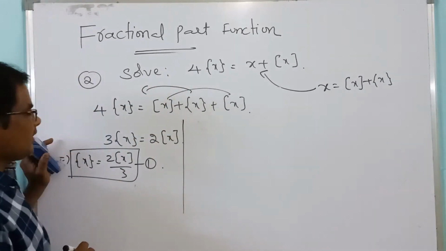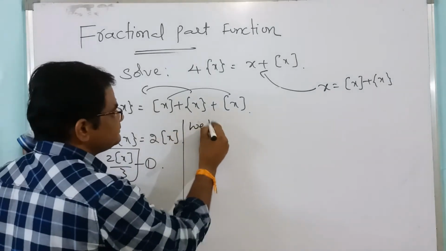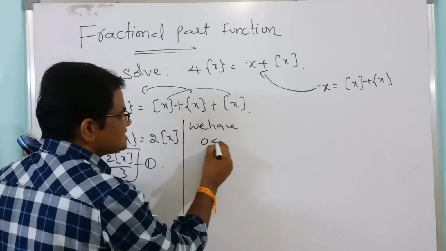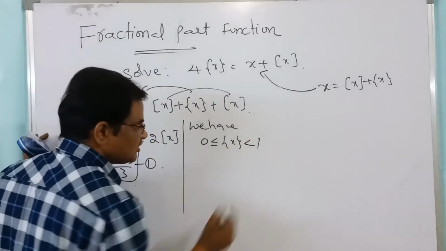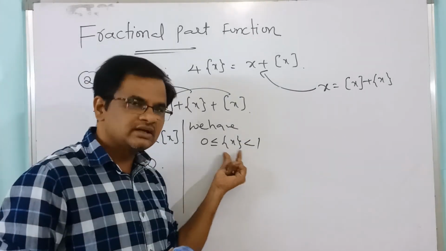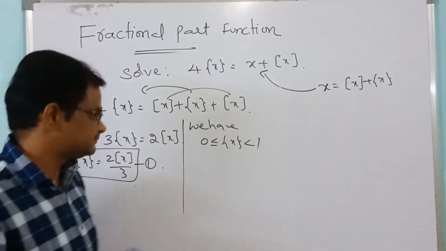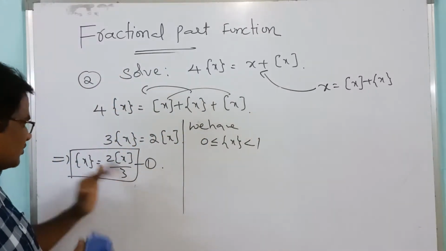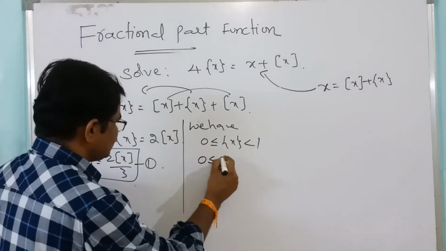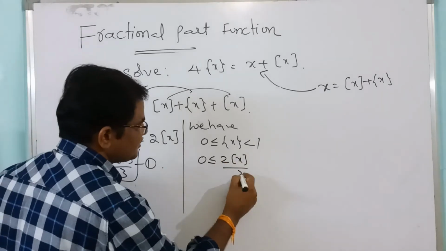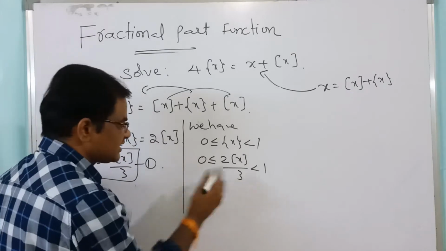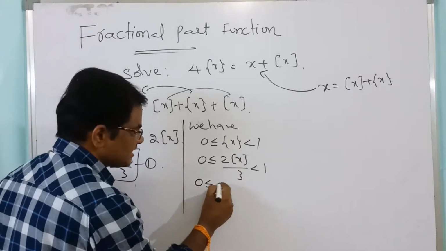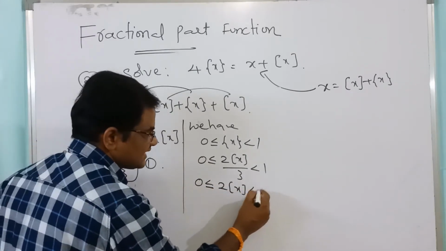Now we know that 0 is less than or equal to the fractional part of x, which is less than 1, because the fractional part of x lies between 0 and 1 including 0. Now replace the fractional part of x with 2[x] by 3, so 0 is less than or equal to 2[x] by 3, less than 1. Simplify: multiply with 3, so 0 is less than or equal to 2[x], less than 3.